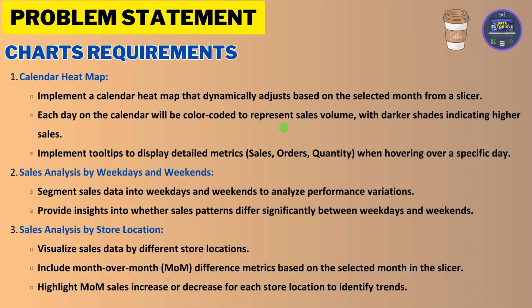If there are higher sales, it should be given in darker shades, indicating higher sales, and vice versa if there are fewer sales on that particular day. And we have to add a tooltip for those days, showing sales, orders and quantity whenever we hover our mouse over that specific day, right? So in one single chart, multiple insights will be generated.